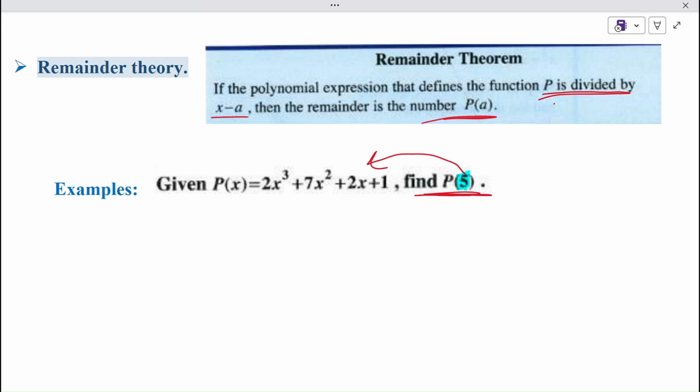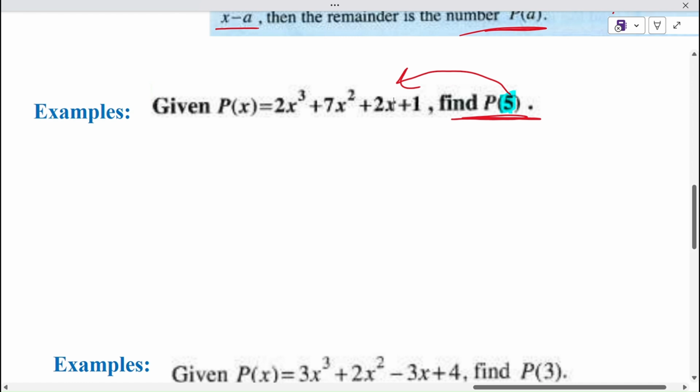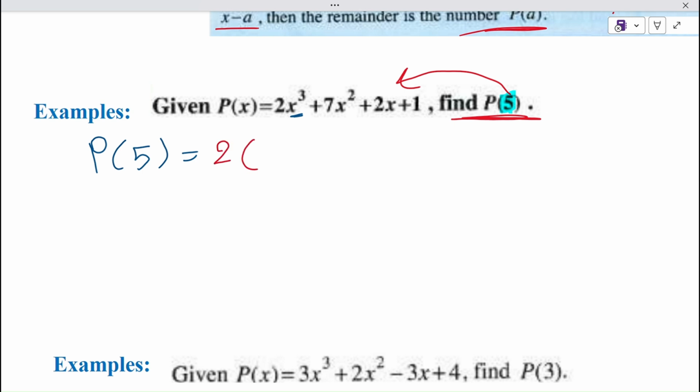So let's find p of 5. Here we have 2 x to power 3. Instead of x we have 5, 2 times 5 to power 3, then plus 7 times 5 to power 2, plus 2 times 5, plus 1.